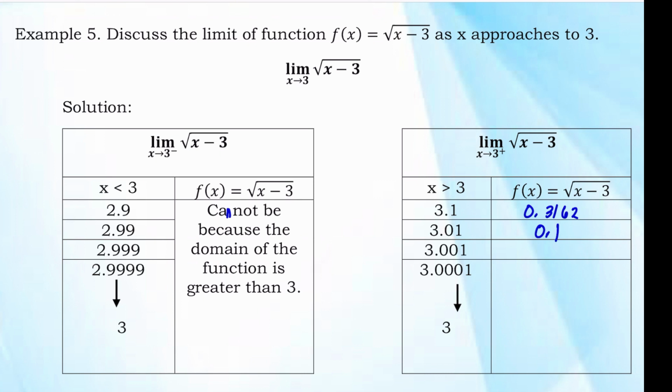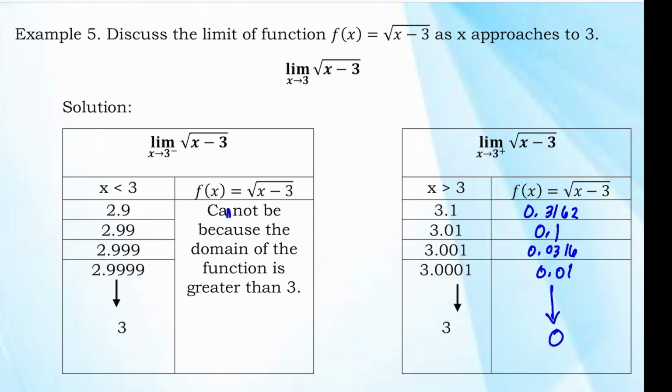Next, 3.001, that is equivalent to 0.0316. And 3.0001 gives 0.01. So the value of the function as x approaches 3 is getting closer to 0. So this is an example of a right-handed limit or one-sided limit.